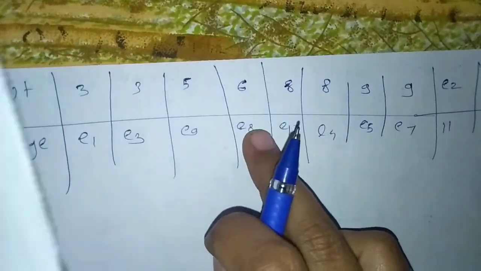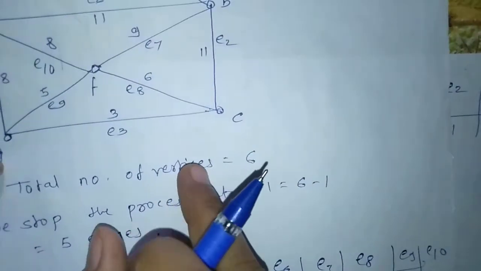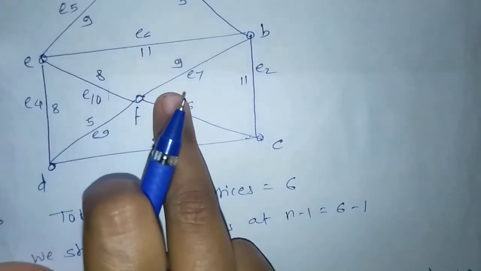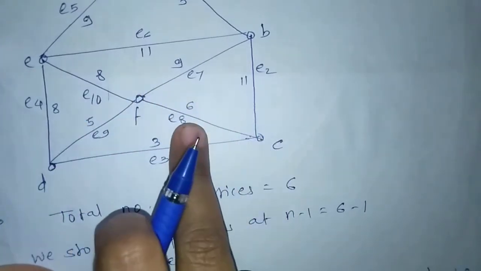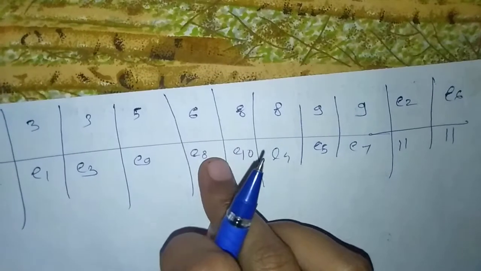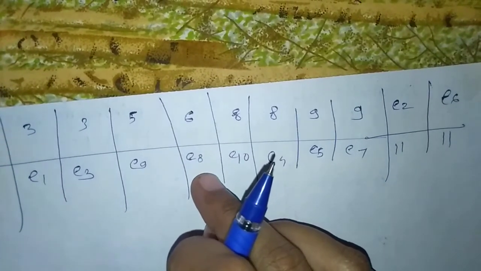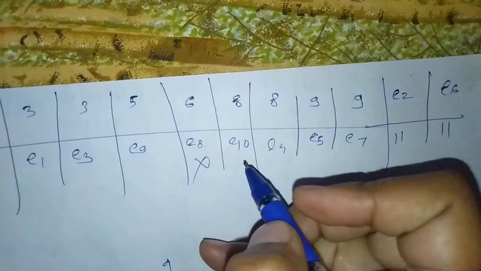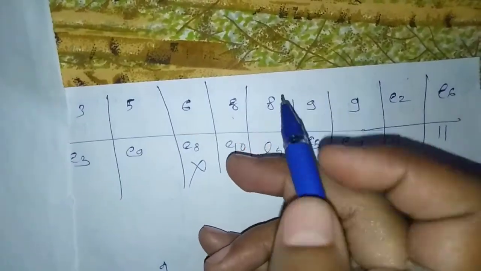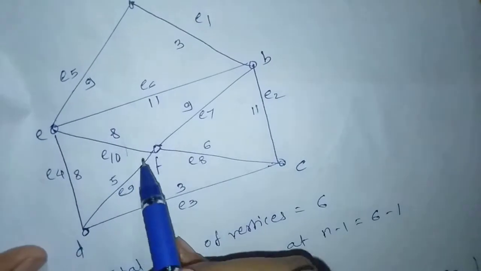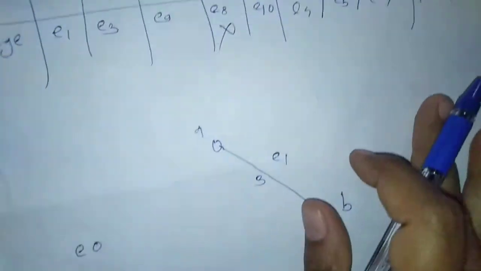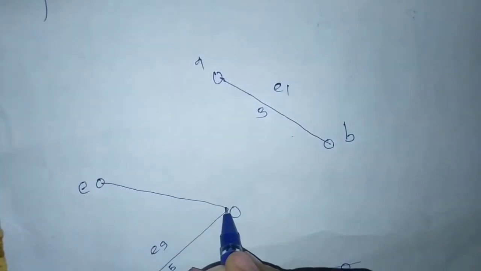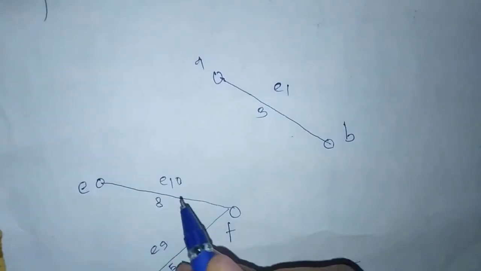Next 6 means E8, but here you can see that E3, E9, E8 make circuits, so here we neglect E8. We can't choose E8 because it makes a circuit. Next E10 with weight 8.